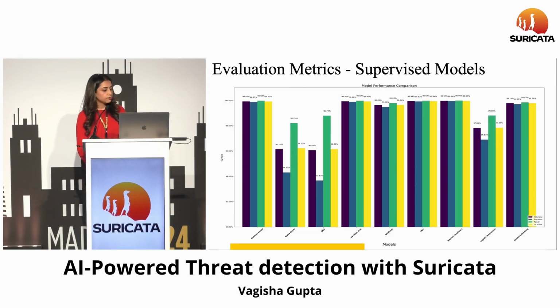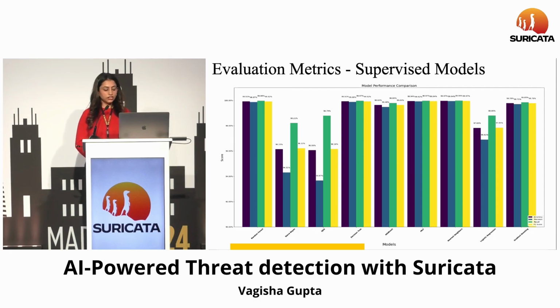So here are the evaluation metrics for the supervised machine learning models. You can see here that the random forest and the multilayer perceptron were the ones giving the highest accuracy, around 99.92 and 99.94%. Accuracy is the total score of how accurately the model is performing.